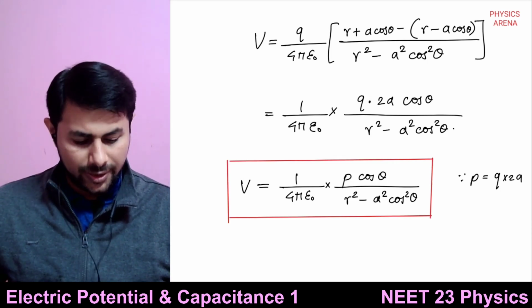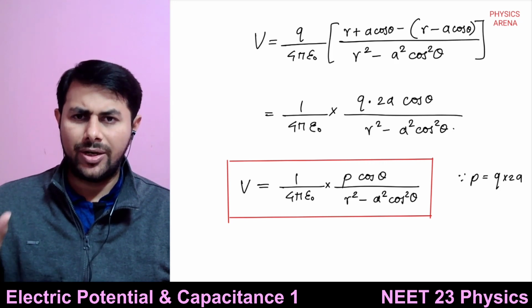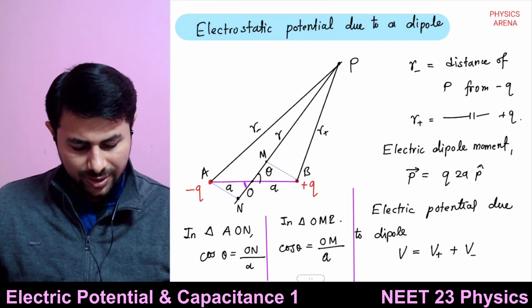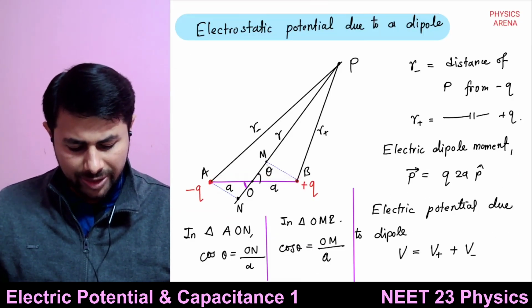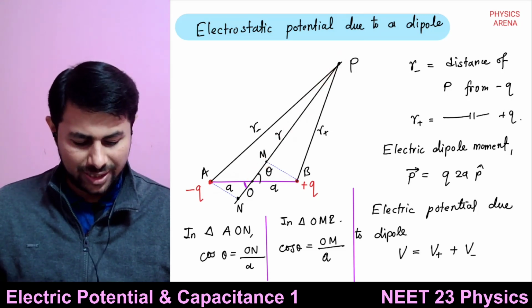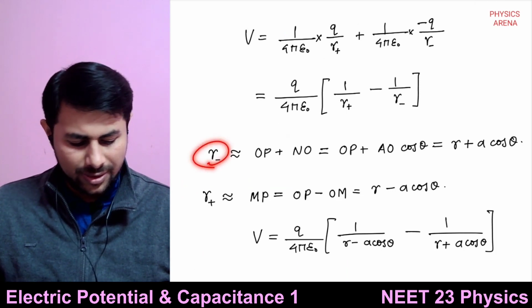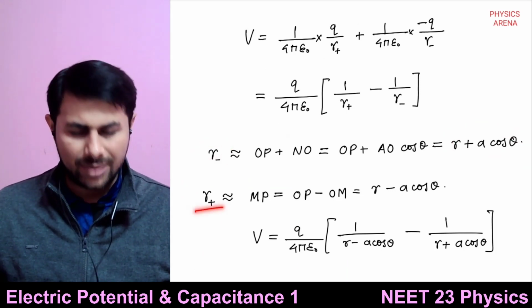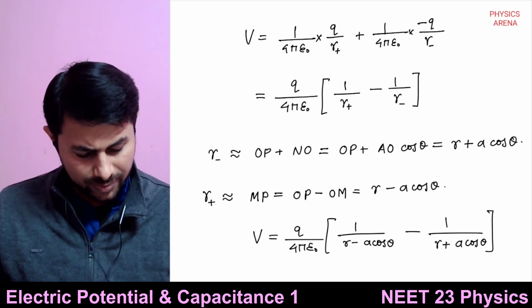Then generally, we have made one approximation, that the length of this dipole is very small compared to this distance. That's why we are able to write down this simple formulae for r plus and r minus.